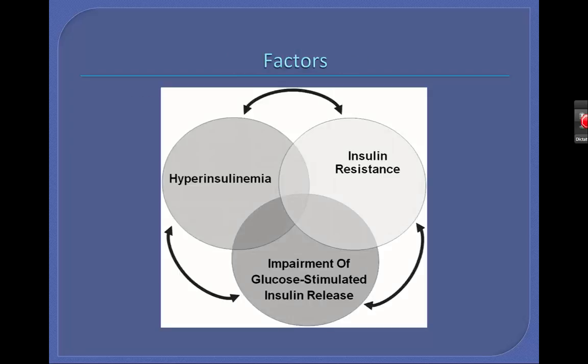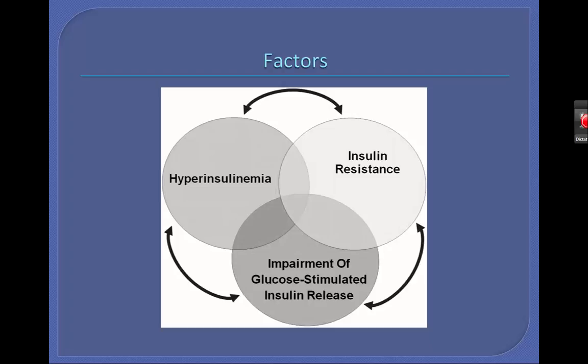Again, what happens is you get insulin resistance, which leads to hyperinsulinemia, which leads to the impairment of glucose stimulated insulin release. Some of the factors are genetic and environmental, which causes an impairment in insulin-mediated glucose uptake.